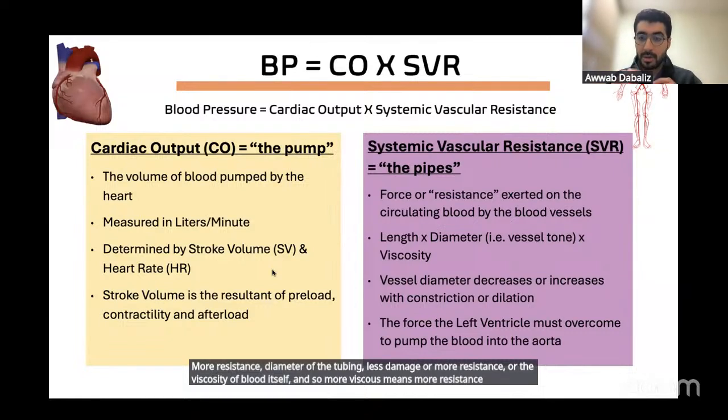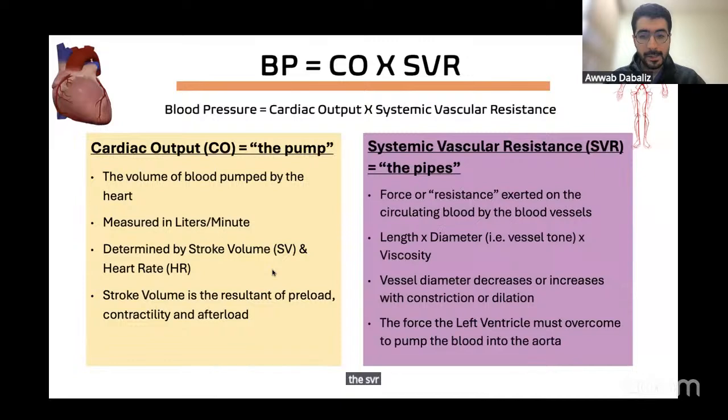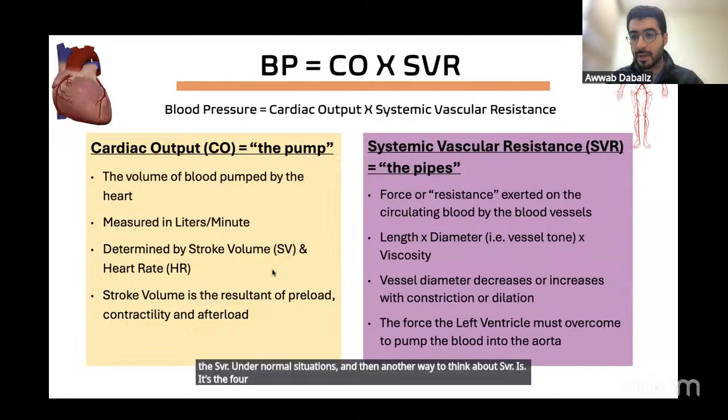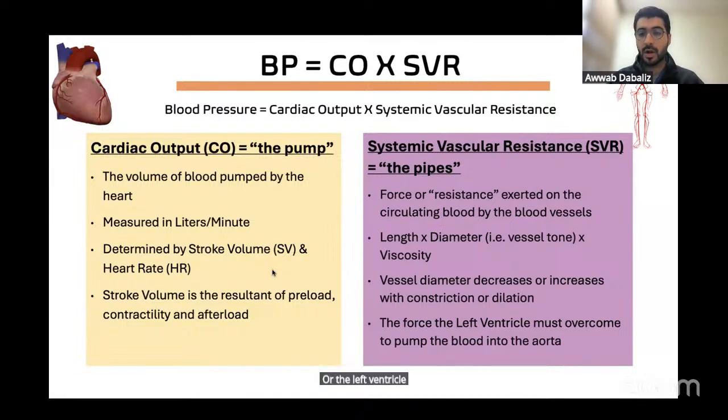The diameter is something our body can regulate using the sympathetic and parasympathetic system, which is what we refer to as vascular tone, and we can adjust it to change the SVR under normal situations. Another way to think about SVR is as the force that the left ventricle must overcome to pump the blood into the aorta.